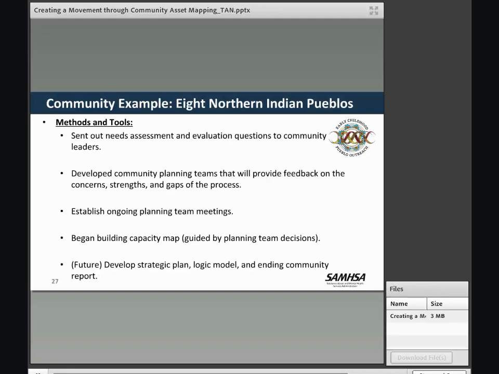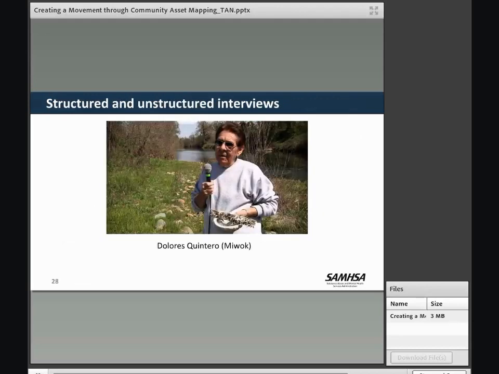They came up with a really beautiful report with some really nice graphic designing, and unfortunately they're not sharing it because it has sensitive information just for their community members. But they did a nice job of coming up with something readable and user-friendly for the membership they wanted to share their report with.